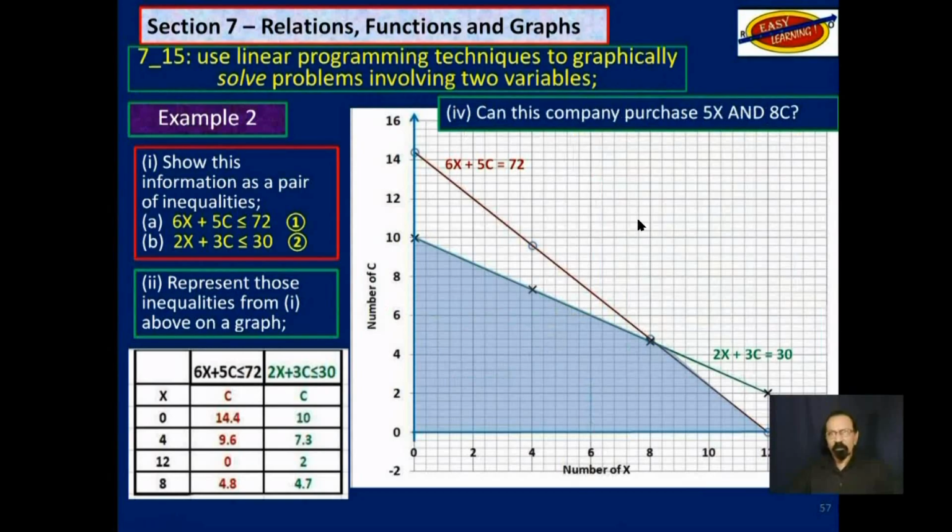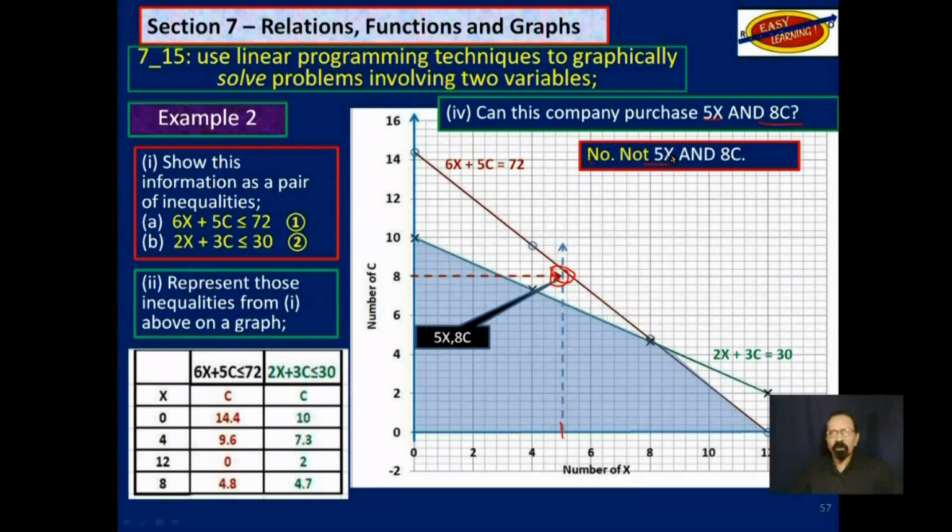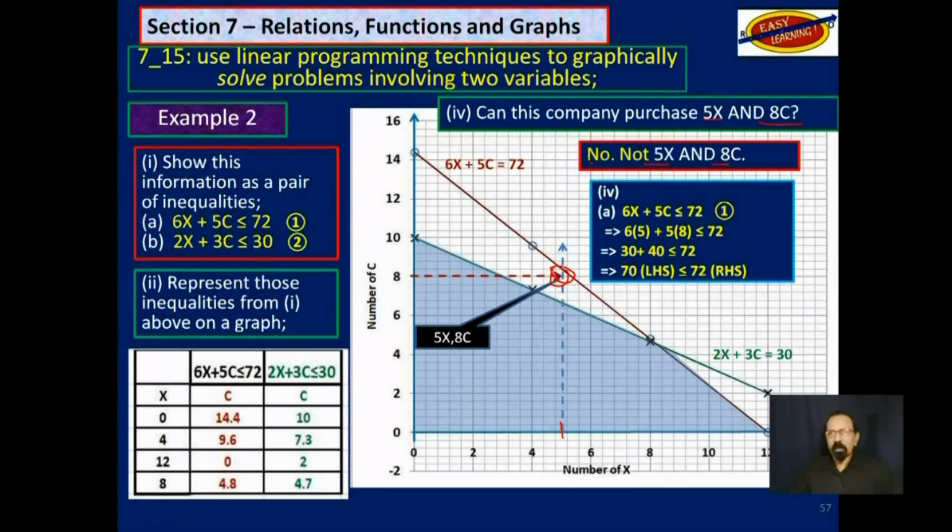Can the company purchase 5 Xerox and 8 Canon? So you come up at 5 here and you go across at 8, and notice you are outside of that region. So obviously the answer is no, not 5 Xerox and 8 Canon printers. Now in terms of the cost, we are within our limit.